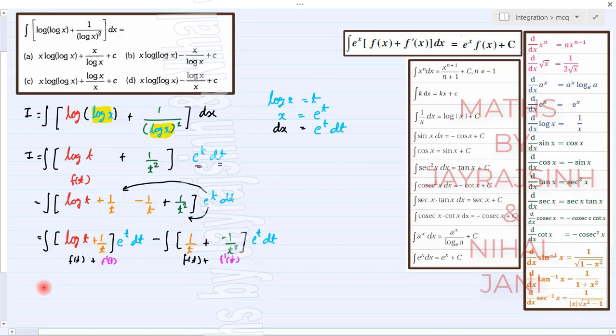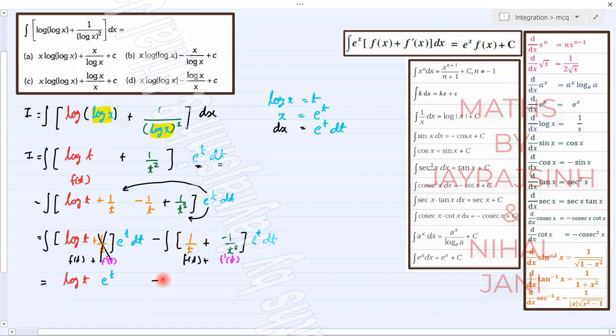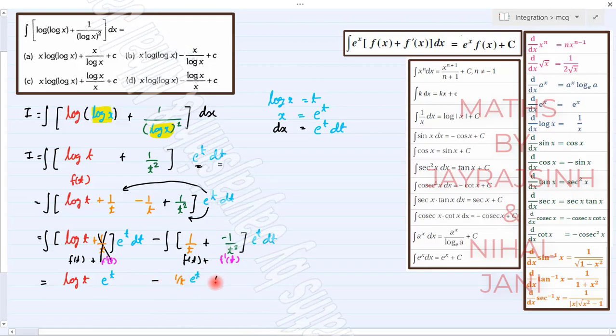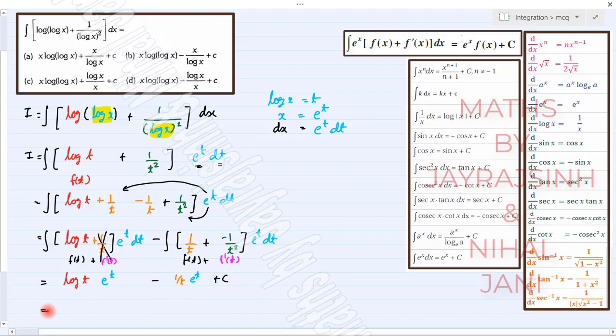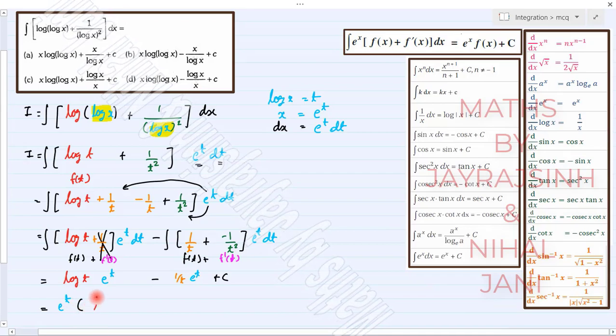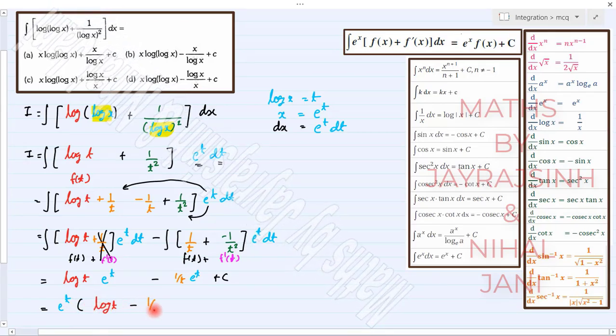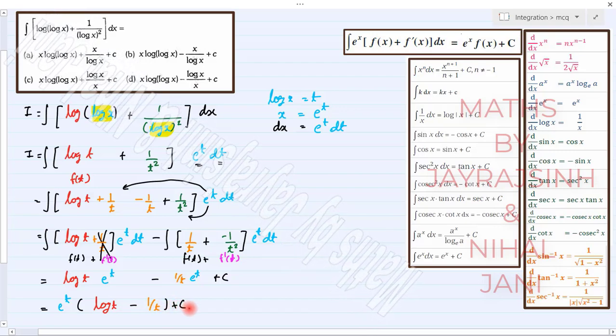So to integrate these terms, we just have to neglect the term of f dash. So your answer will be log t into e raised to t minus 1 by t into e raised to t plus c. For simplification, let's take e raised to t common. We will get log t minus 1 by t plus c.